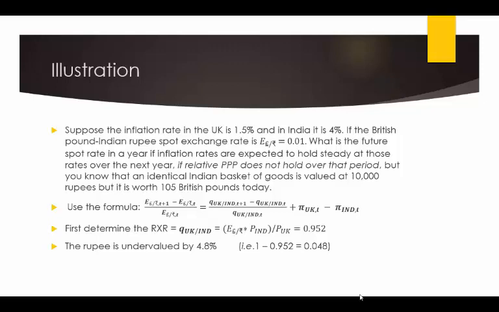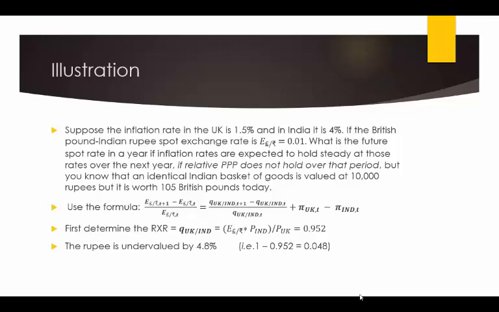From empirical analysis, we know that in a year, only 15% of this deviation will be removed. That is 0.72%. This means the real exchange rate will have risen to only 0.959, which is a real depreciation of 0.756%.